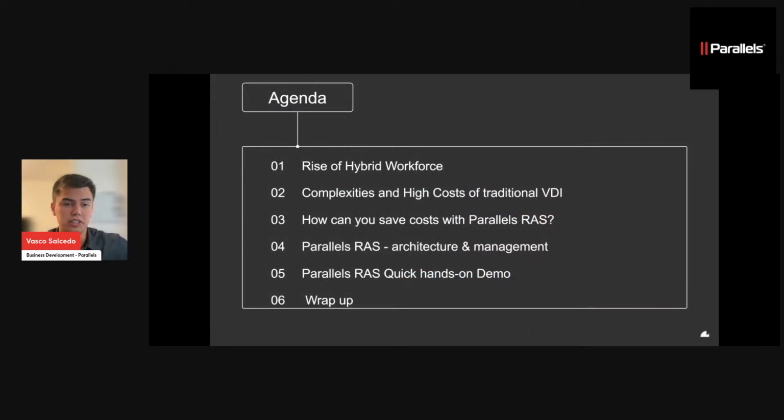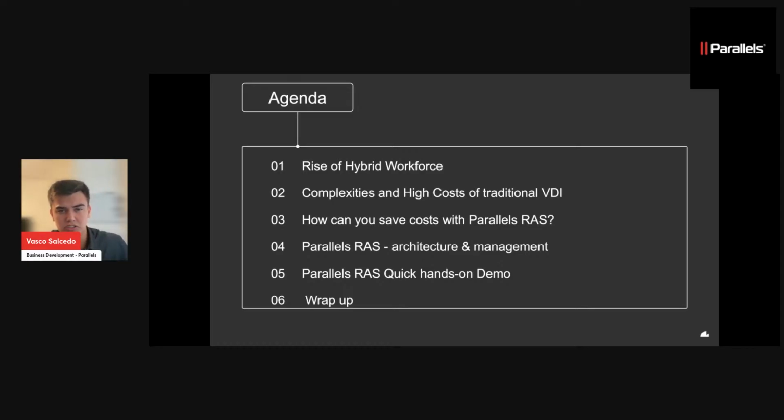Before we dive in, we'll take a look at the quick agenda that we'll cover today. We'll start off by looking at the rise of the hybrid workforce, specifically diving into what it looks like today and where companies are going. We'll look into the complexities and high costs of traditional VDI. And then we'll also talk about how Parallels RAS addresses those complexities and costs. We will talk a little bit about Parallels RAS as far as how it looks in terms of its architecture and management.